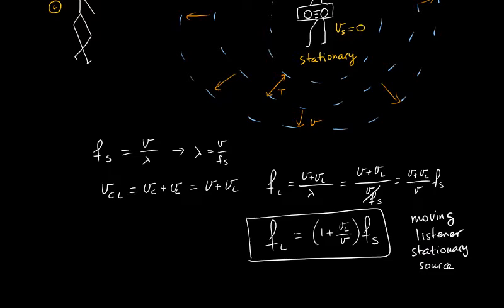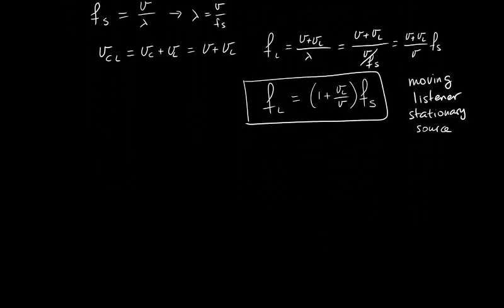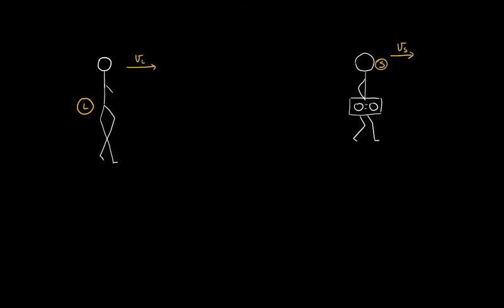Now suppose that the source is also moving. We will denote V_S to be the speed of the source. Consider that some time earlier, the source was somewhere here. Then some time has passed, and the source moved a little bit further, so let's say right here. And then the source moved now here.